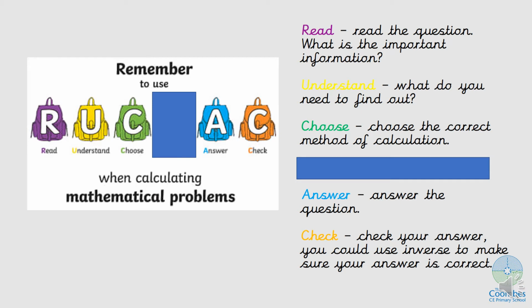Right, here we have RUCKSACK. Can you remember what letter has been covered up and what it means? Have a think. We've got 5 of our letters, but 1 is missing. Talk to someone in your house, tell them what's missing and what it means.